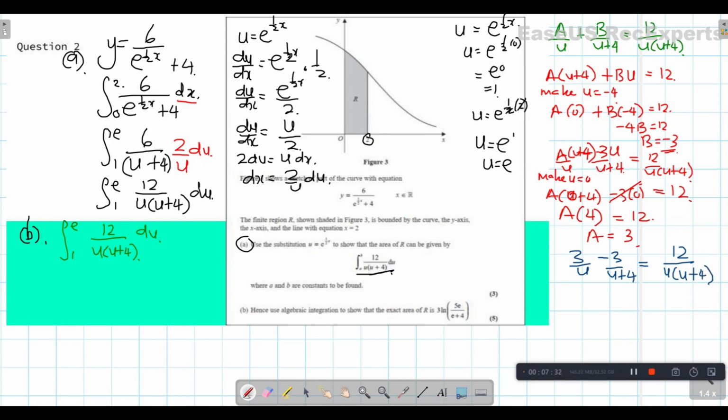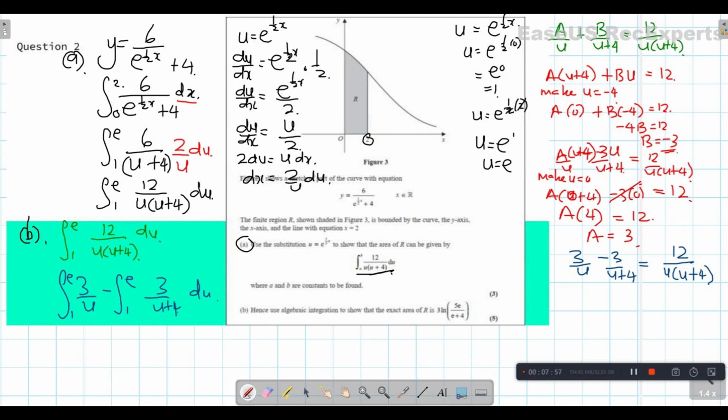They are the same. So now our next step: I can integrate 3 over u between the limits 1 to e, minus the integration from 1 to e of the second term, which is 3 over u plus 4, with respect to u.